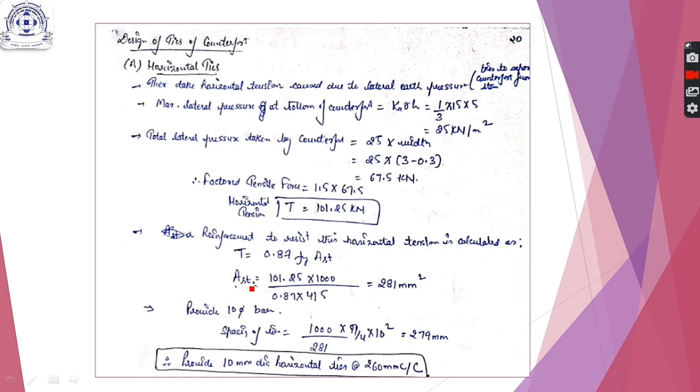So we know T, then we calculate ASTH as 281, and as ties are always calculated in the form of spacing, we assume the diameter of bar and calculate the spacing. So spacing is coming out to be 279 and we take it as 260. So horizontal ties are provided like this with the spacing of 260 mm center to center.